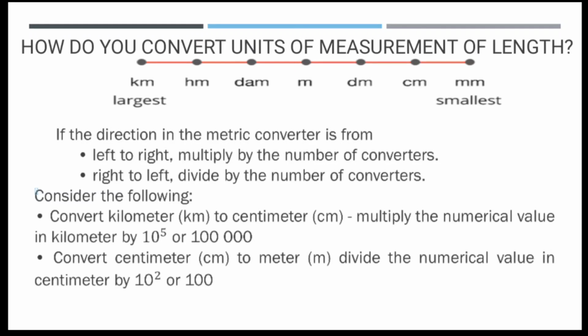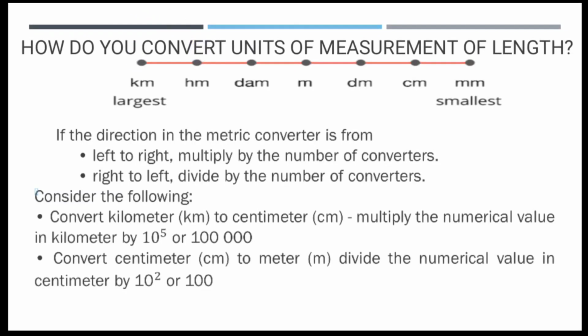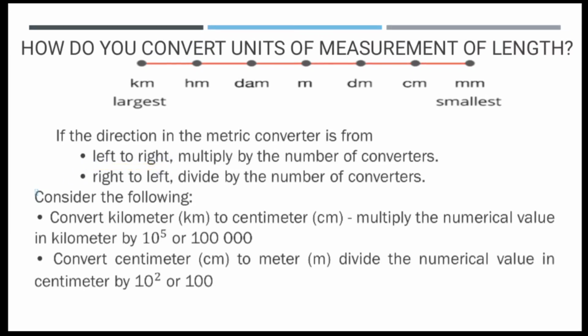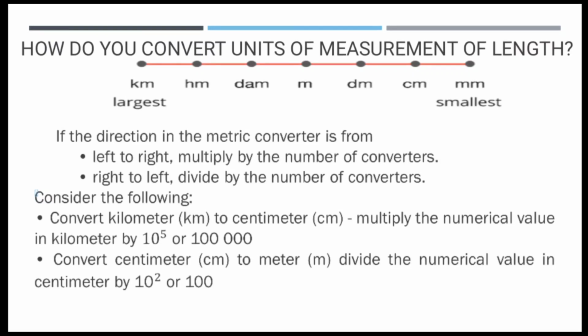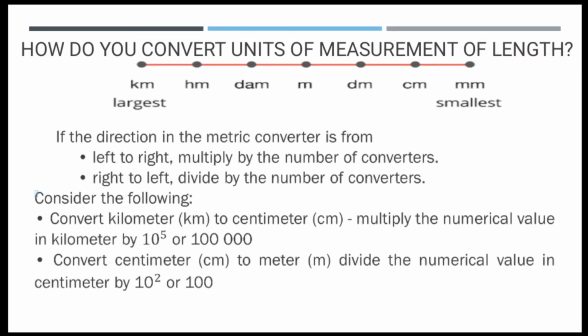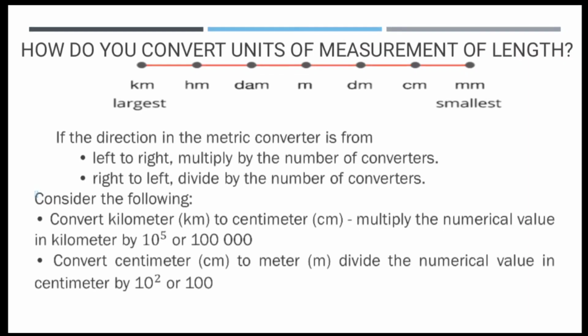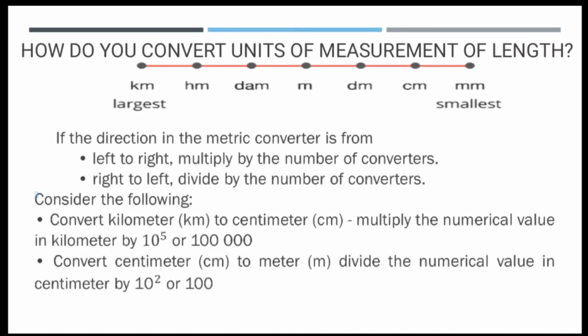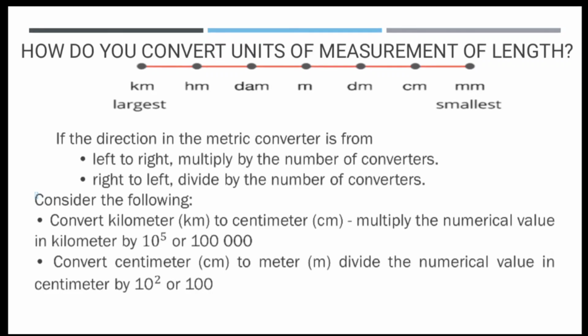For example, from kilometer to hectometer, we move one unit to the right, from left to right. In this case, we have to multiply the given number by, so how many movements? 1. In that case, we multiply it by 10. Why 10? Because 10 has one 0. So the number of zeros depends on the number of movements.